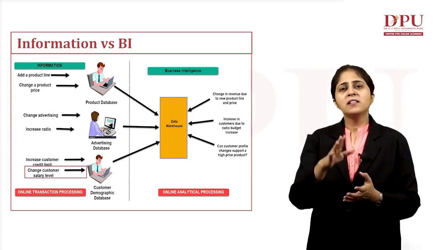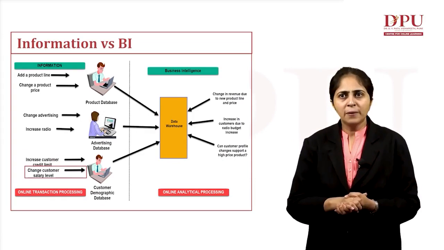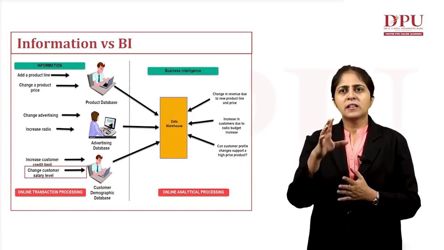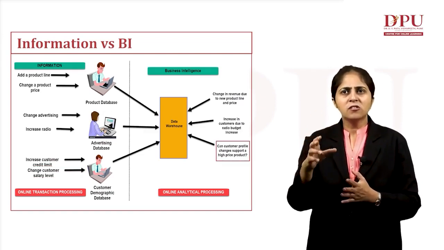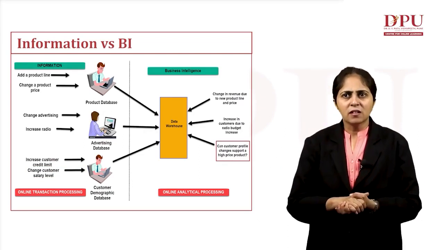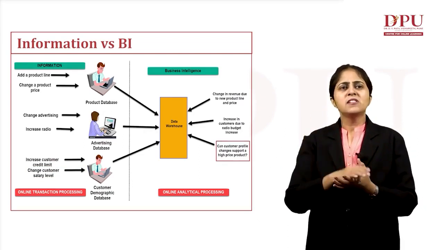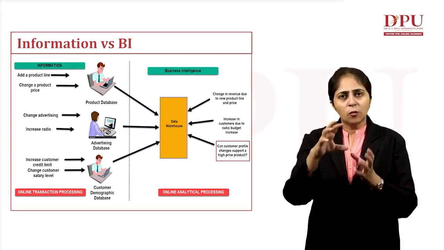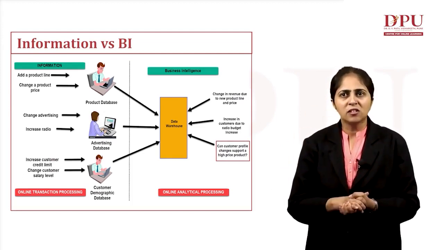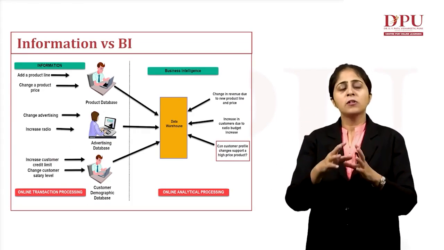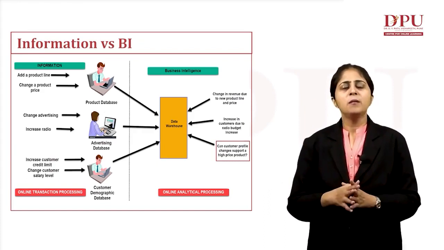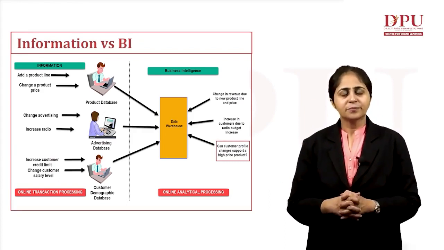Now, at the business intelligence level, what will happen? It will be detected whether the customer can support this credit limit increase, or whether the change in the salary level will be useful and profitable for the organization. Can the customer afford this high price product? That will be checked at the business intelligence level.